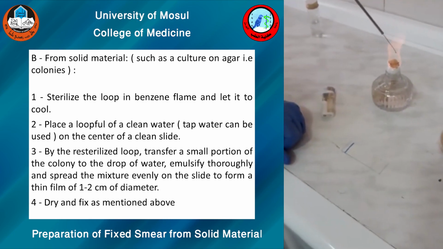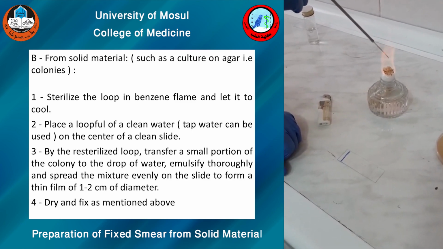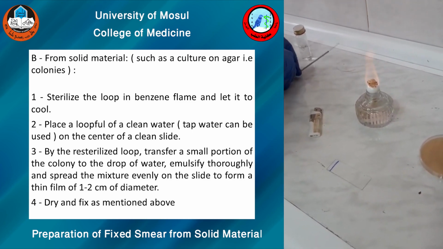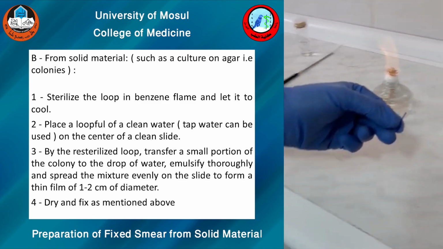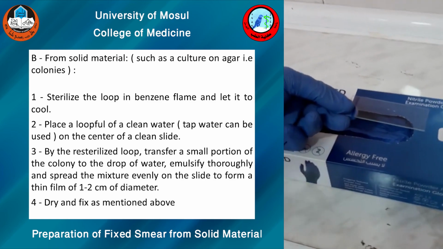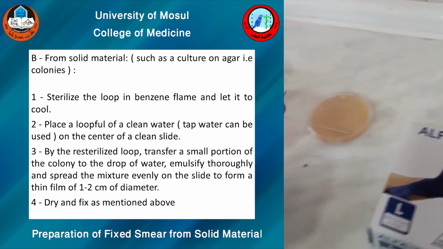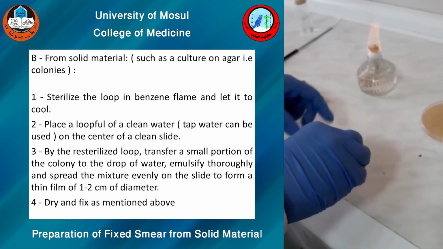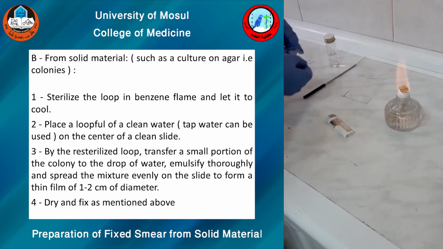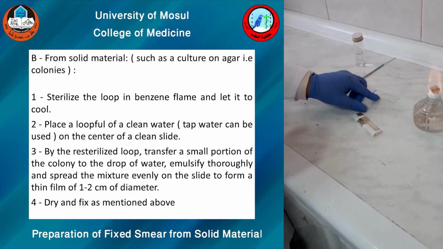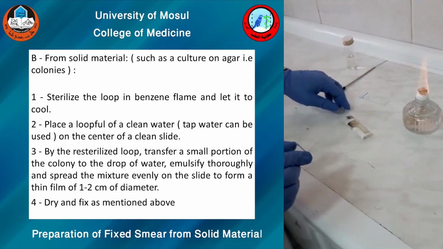And again, I will sterilize the bacterial loop on the flame. And then, as with fluid material, I allow the film to dry by air without heating. And then after complete drying, again, I will make a fixation, as I mentioned before, by passing it 3 to 4 times over the flame.